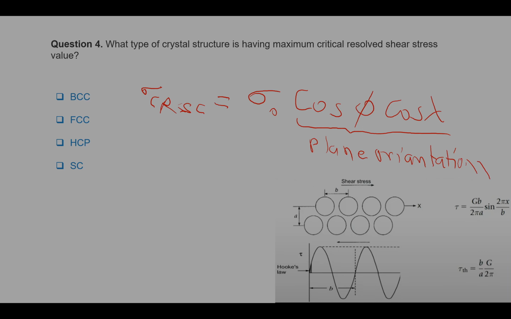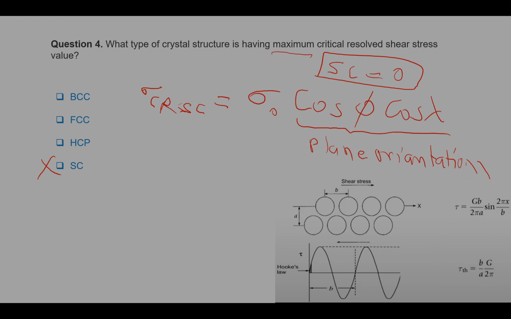For simple cubic it will be 0. So the option won't be the fourth one, since the value of cos phi into cos lambda will be 0, and they're asking for the maximum critical resolved shear stress value.